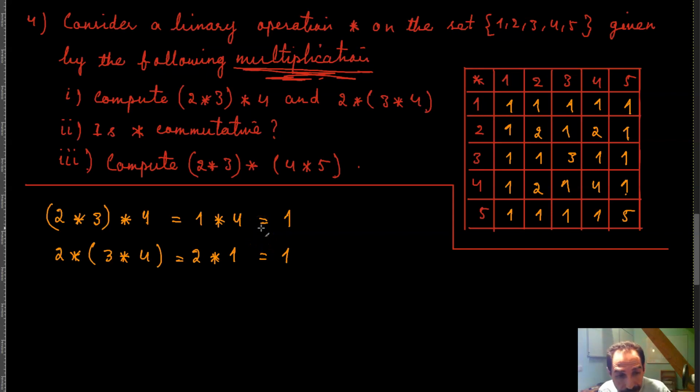So that is that. Now you want to find out whether star is commutative. This was part 1.